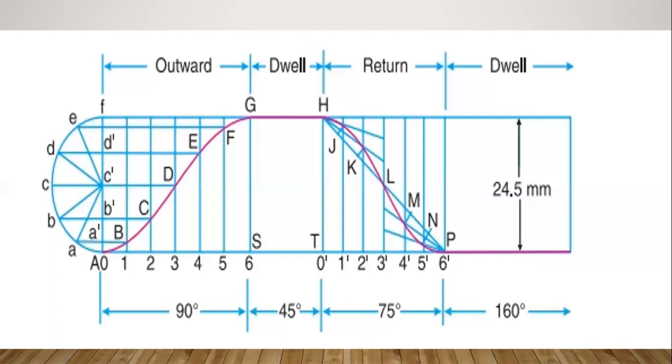Next, we have to draw the return stroke, that is the return motion by the uniform acceleration and deceleration motion. So divide the 75 degrees, that is 7.5 centimeters, into 6 equal parts, and from the center vertical line 3 dash, divide the 3 dash line also into 6 equal parts.